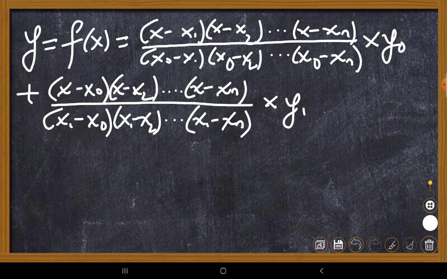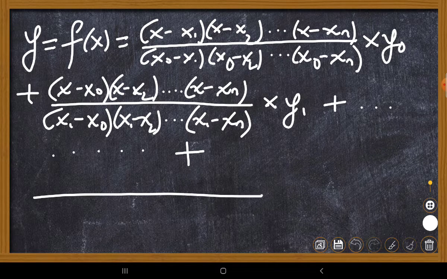So this will go on in the same way for y2, y3, so you can understand. Then the last term you'll have to multiply with yn. So that means here xn will be removed.